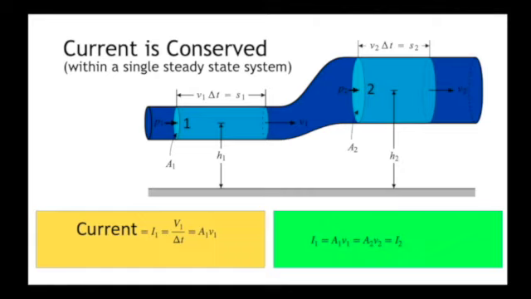I did that in lecture, but you're not responsible for it for the exam. What you are responsible for is that current is cross-sectional area times speed, or I equals AV, at every point in the fluid circuit. So I1 equals I2, or A1V1 equals A2V2. And that's true anywhere within a single fluid circuit.